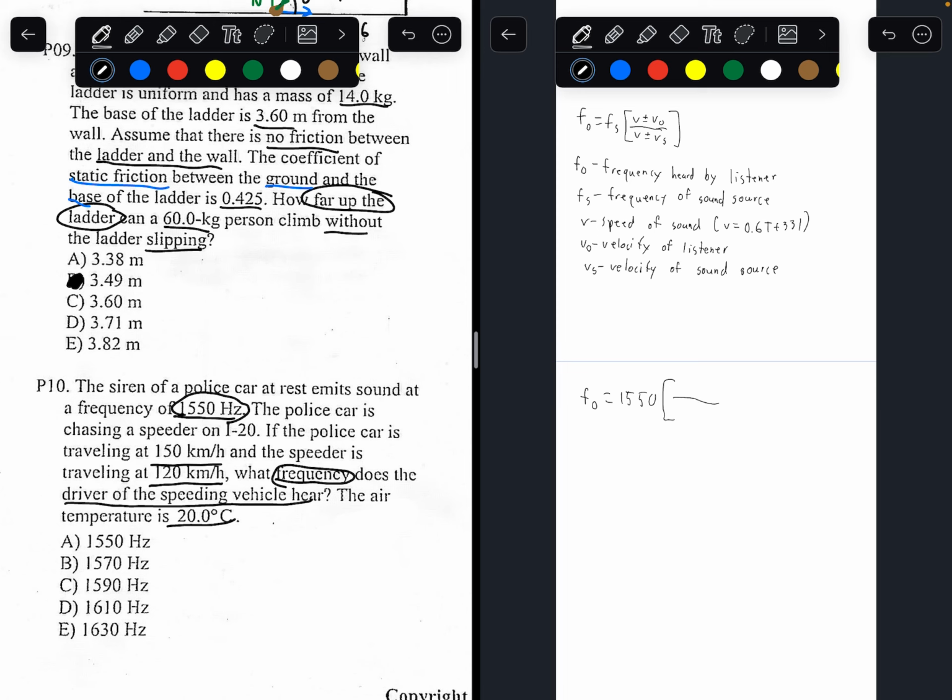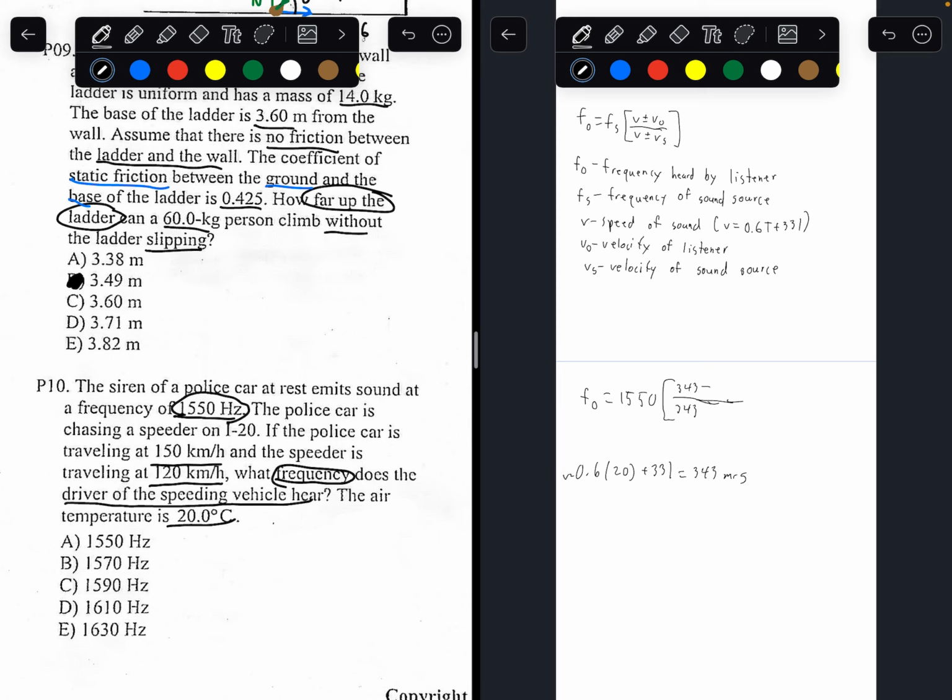And what is the speed of sound? 0.6 times the temperature, which is 20 degrees, plus 331. This is one of the few cases where you can use Celsius and not Kelvin. Calculating this, you would get the speed of sound to be 343 meters per second. So this would be 343, this would be 343.